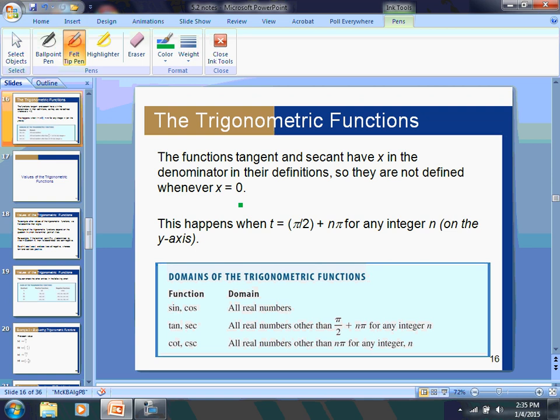Okay? So in this little chart here, they break down the domains for all of the trig functions. So sine and cosine, they're always going to be all real numbers. But tangent and secant are going to be limited whenever x is going to be 0. And cotangent and cosecant, they're going to be limited whenever y is 0.